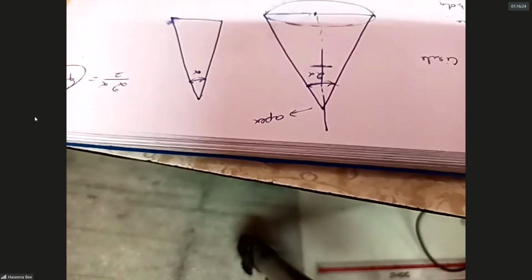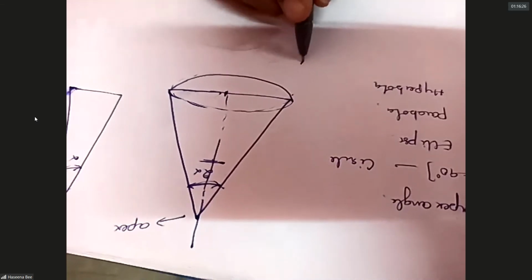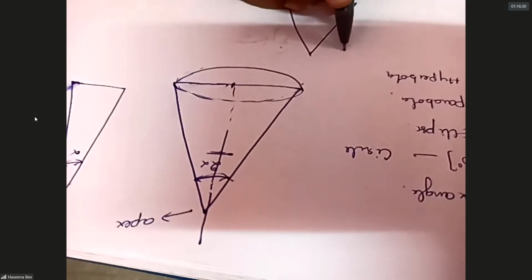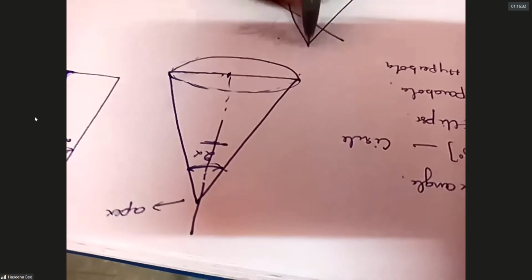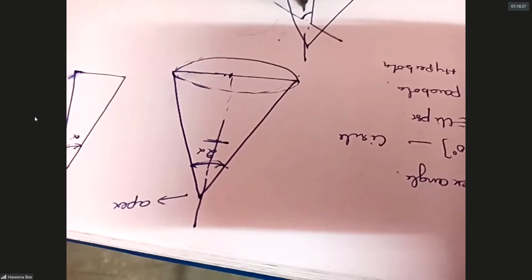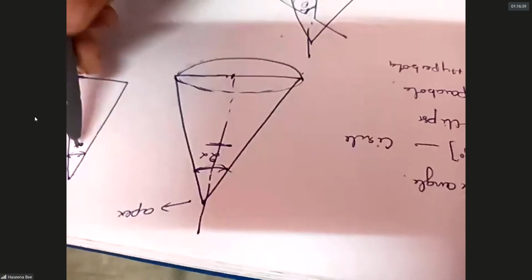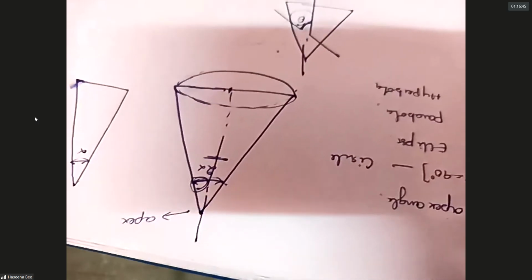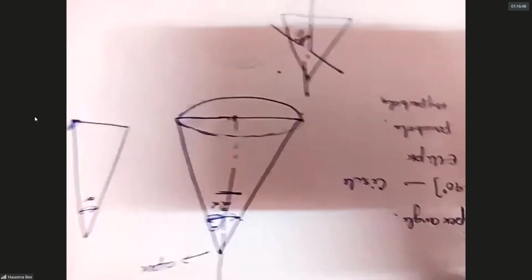Now the cutting plane angle: if this is the cone and this is the cutting plane, this is the axis. The angle made by this is known as theta. This is theta, and this is alpha, half of the apex angle. Is it clear for everyone? Are you clear with all this terminology?